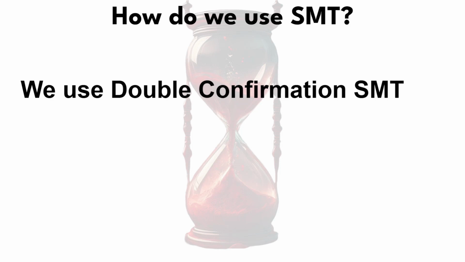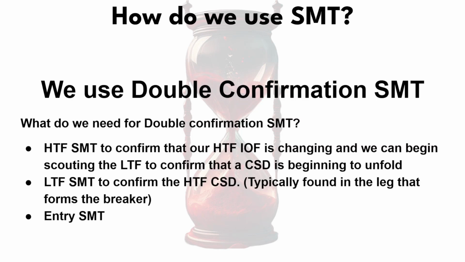Now, this is the most powerful concept that you can add into your trading, because once you use this alongside institutional order flow, alongside a point of interest, then there is no reason that your trade shouldn't pan out, because you're alongside order flow and you are going to be reasonably close to that SMT point, and that's what's important. So then, what is double confirmation SMT and how do we use it?